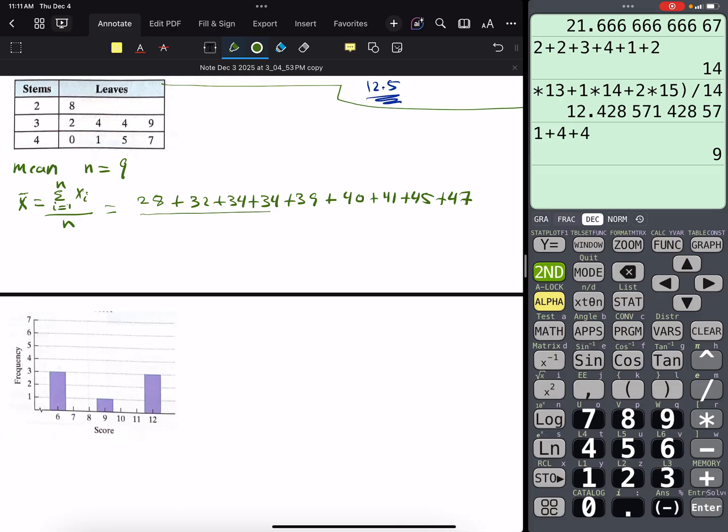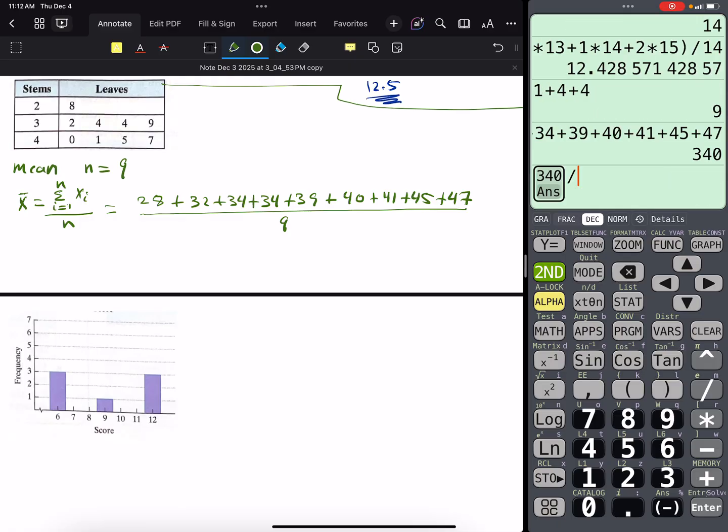And then that'll all be divided by 9. Okay, 28 plus 32 plus 34 plus 34 plus 39 plus 40 plus 41 plus 45 plus 47.